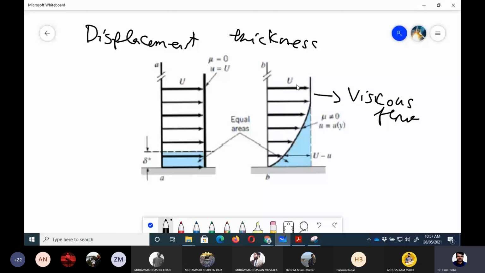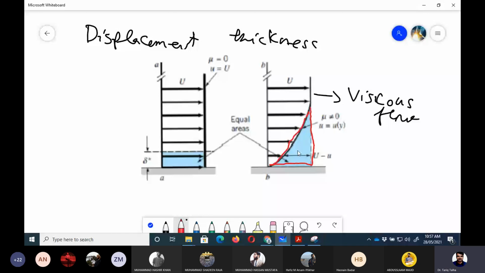Right. So here there is a shaded region. This red region, which is the shaded region, what is this?